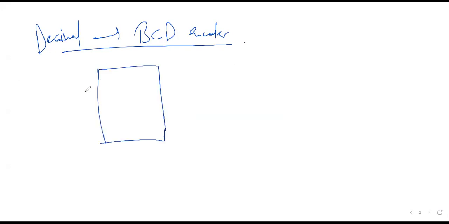We have 16 inputs. They're supposed to be 16, but let me just put 0, 1, 2, 3, 4, 5, 6, 7, 8, 9.